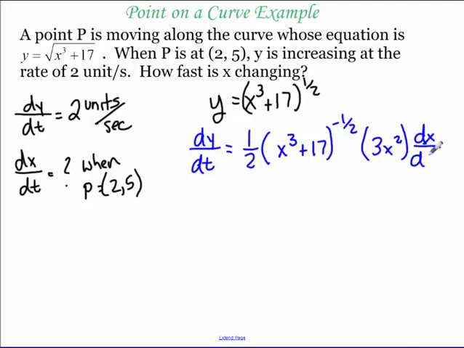Remember that you're taking the derivative with respect to time. So your last part of your chain rule is dx dt, because I need to take the derivative of the variable x. Okay, so now it's a matter of just plugging in. We know dy dt is 2. x is 2.